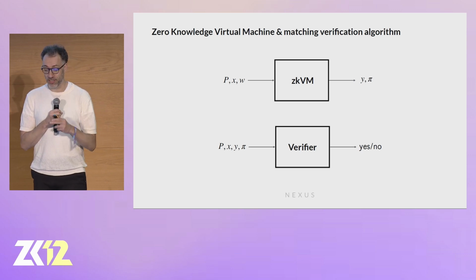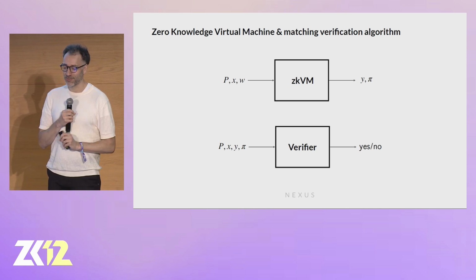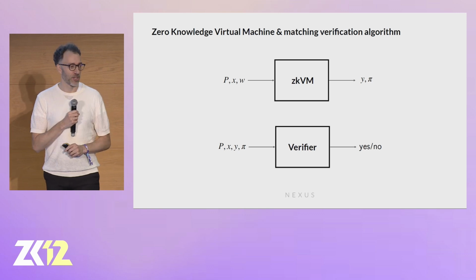And it's important here, the reason I split the input in two parts, is that the W input is not part of what the verifier sees.